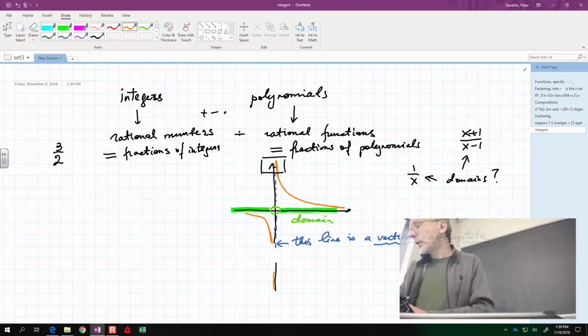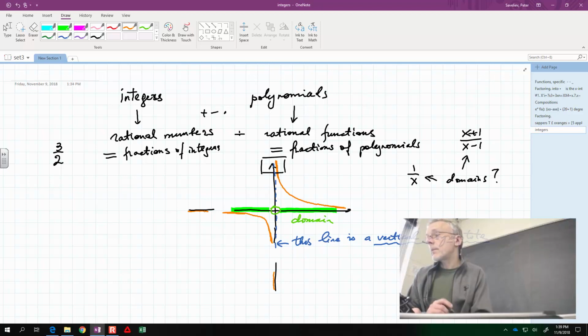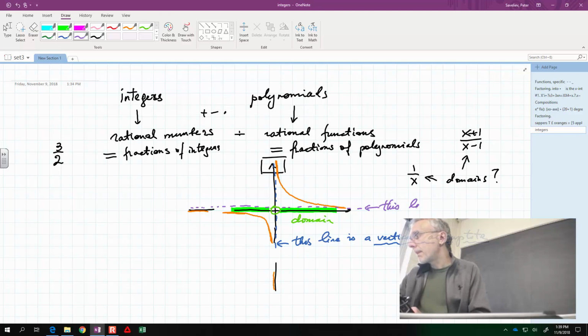The same story is repeated on the horizontal line, and there is no difference you can tell between the two. We call this a horizontal asymptote. So this line is a horizontal asymptote.